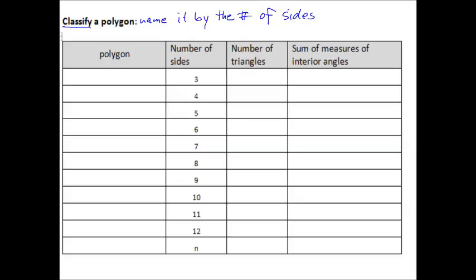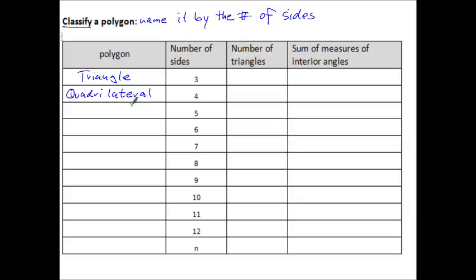A polygon with 3 sides is what we call a triangle. If we have 4 sides, we call it a quadrilateral. Quadri stands for 4, and lateral for sides.